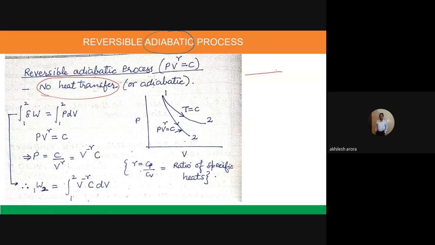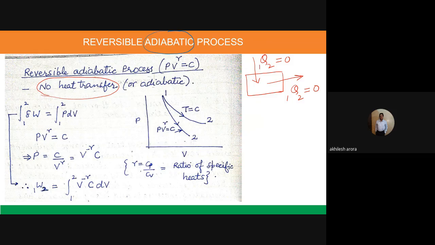So if this is the system, the value of Q will be equal to 0, or if it is coming into the system, then in that case also this is equal to 0. So neither the heat leaves the system nor the heat enters into the system. So that is an adiabatic process.